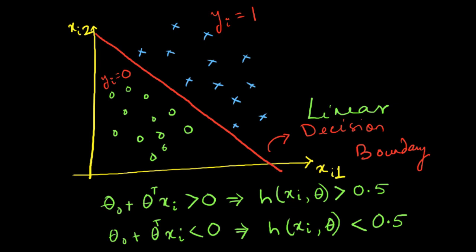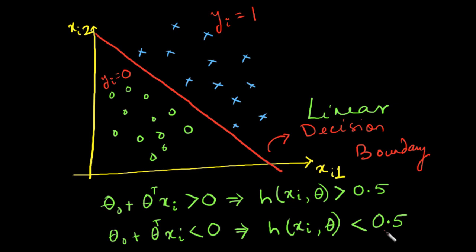In the logistic regression case, we had this decision boundary, and if this function was greater than 0 for a particular input vector, then your probability estimate was larger than 0.5, and if this number was below 0, then your probability estimate was less than 0.5, meaning that your input feature vector is classified in class 0.